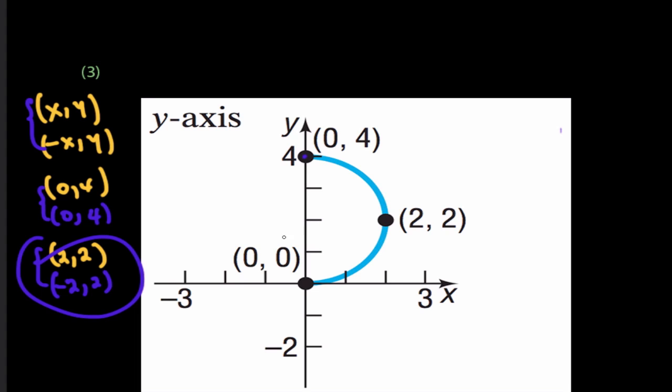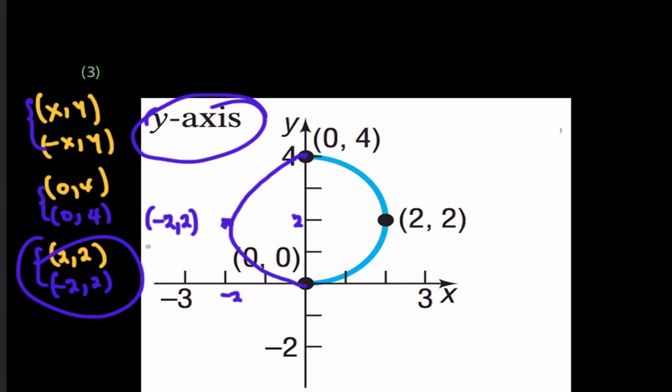We have negative 2 here, this is our negative 2, and this is our 2. And when we project that, it should be somewhere around here. So this is (negative 2, 2). And then we join the graph. So this is a graph assuming it is symmetric with respect to the y-axis.